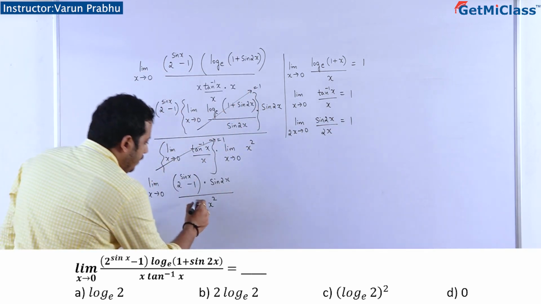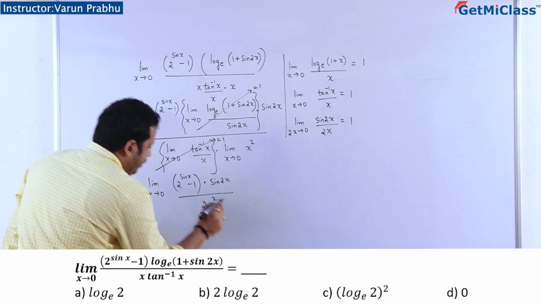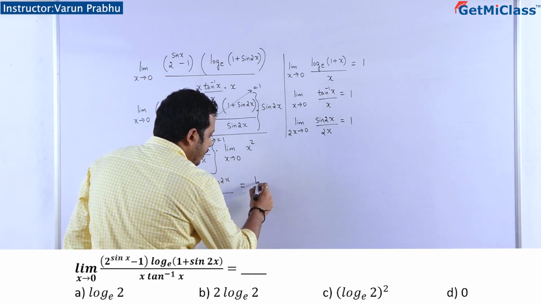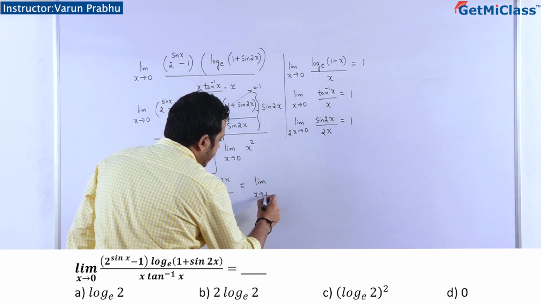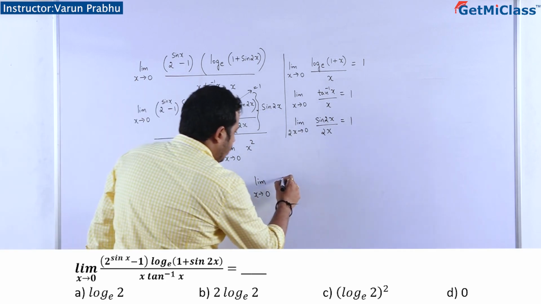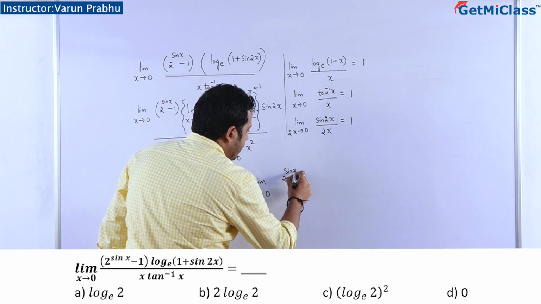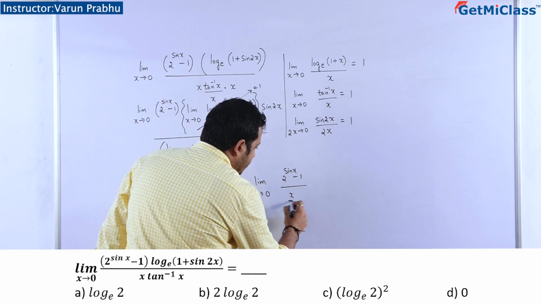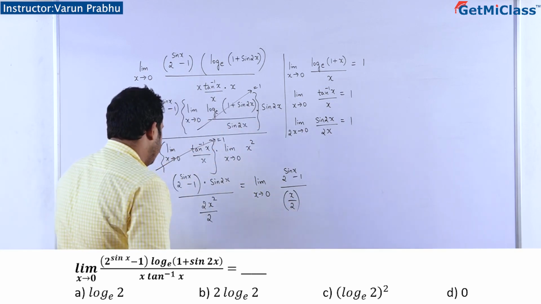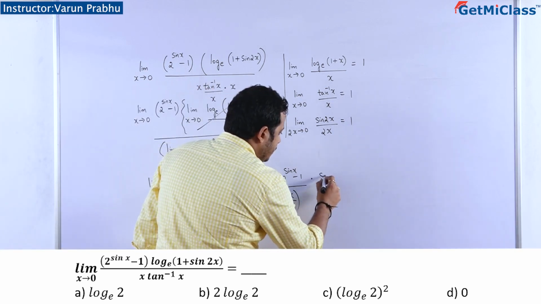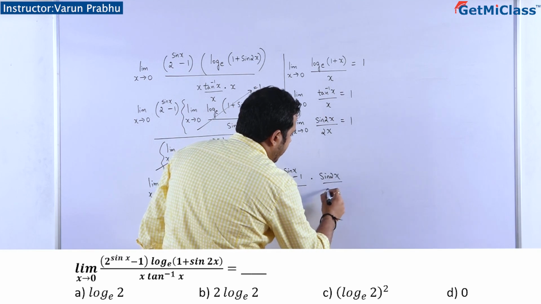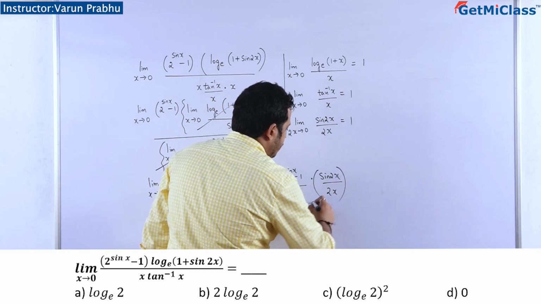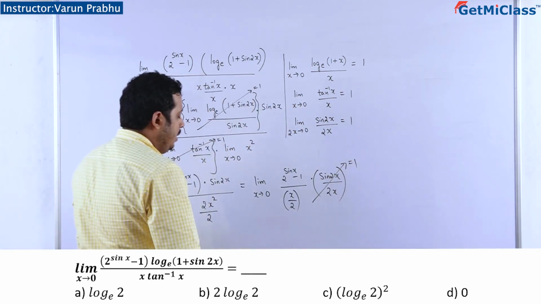So what we'll do, we'll multiply by 2 and divide by 2 and write like this: limiting value of x tending to 0, 2 to the power sin x minus 1 divided by x divided by 2, into sin 2x divided by 2x, correct? So this part also will contribute 1.